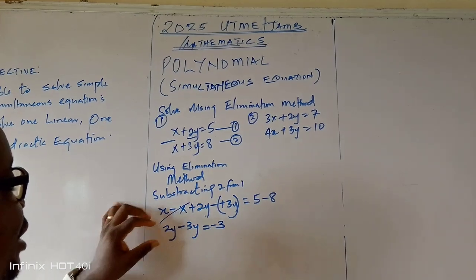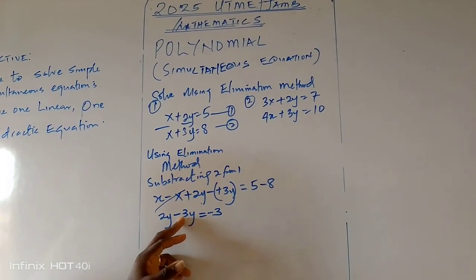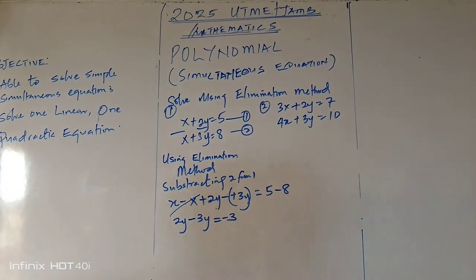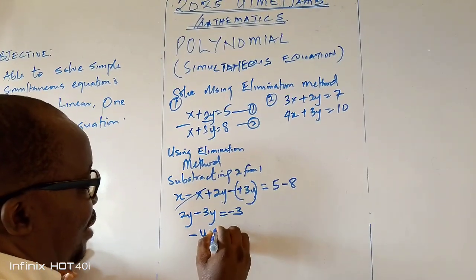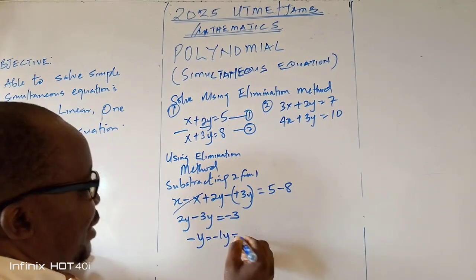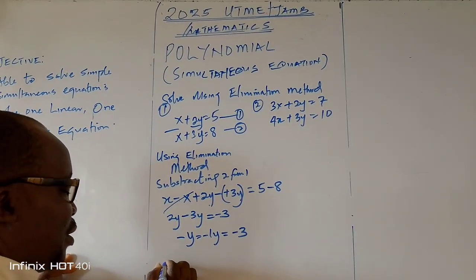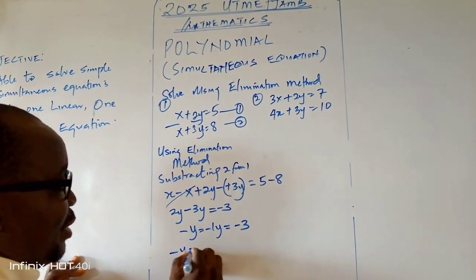This one is positive, so I have 2y and I'm owing somebody 3y. If I pay the person the 2, I will still be owing the person 1. So this gives me minus y, written as minus 1y, equals minus 3. Is that taken? So I have my minus y equals minus 3.